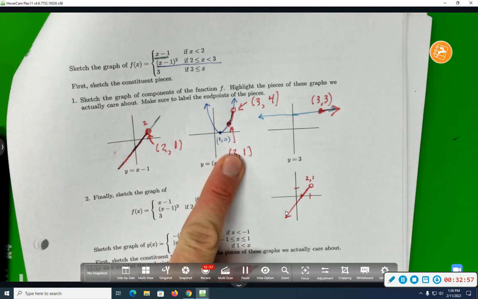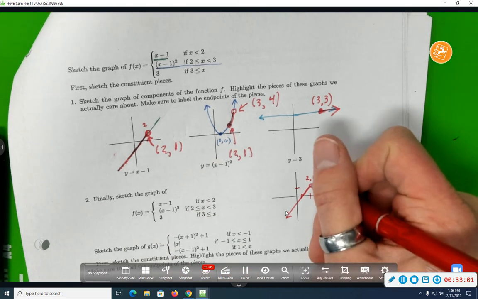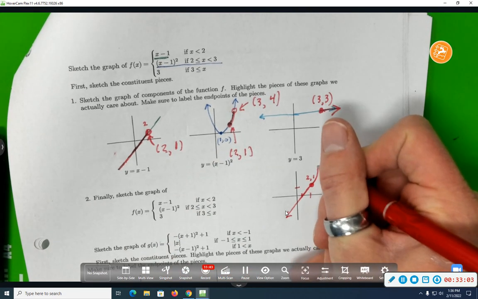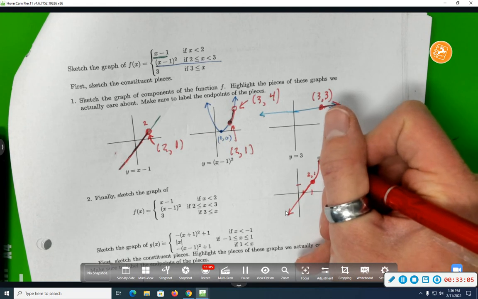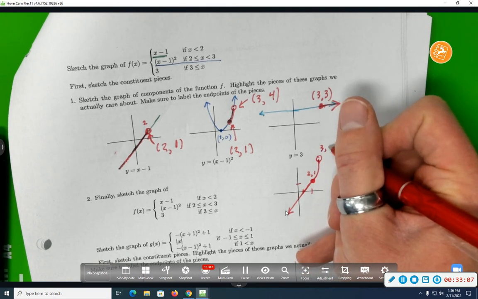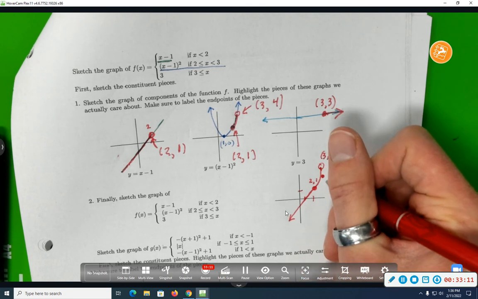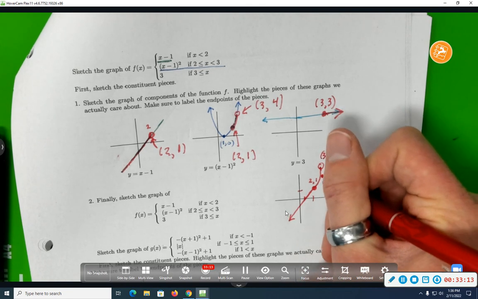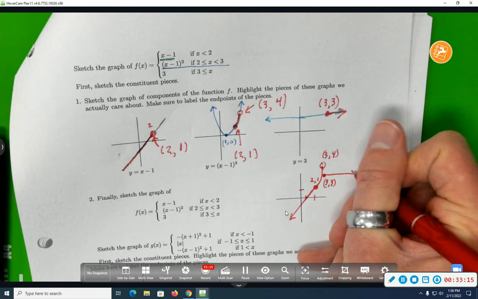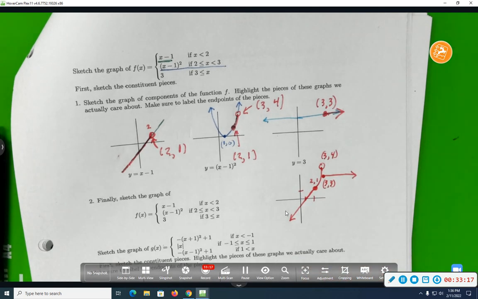So that'll actually fill in that open circle that I just drew, right? Then it'll curve upward until it gets to the point (3, 4). And then a solid dot at (3, 3). And an arrow going right. Does that feel pretty okay?